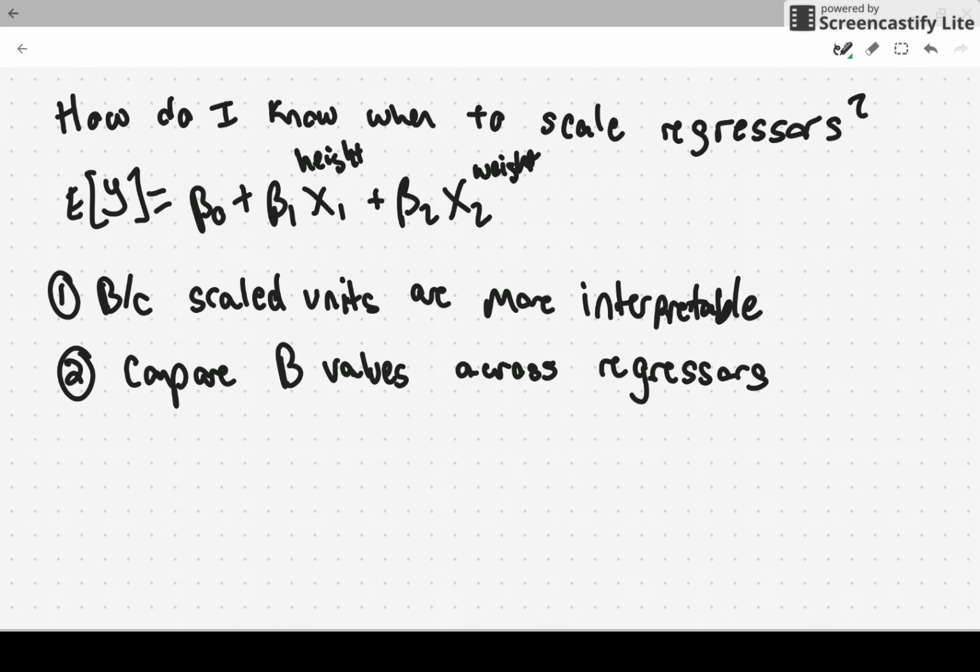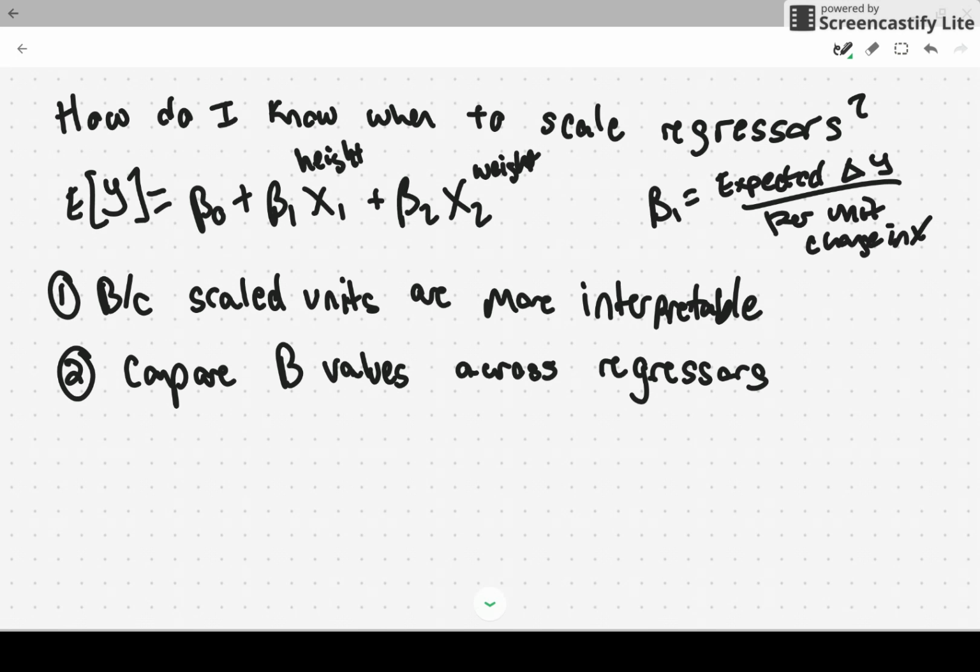What our coefficients are interpreted as is a good question. Beta 1 is interpreted as the expected change in y per unit change in x.